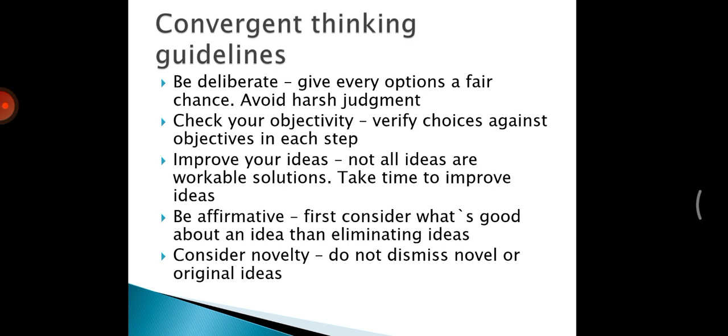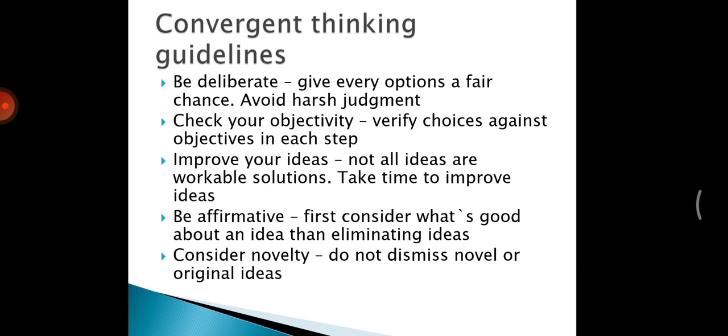Improve your ideas: not all ideas are workable solutions, so take time to improve ideas. Be affirmative: first consider what is good about an idea, then eliminate others. Consider novelty: do not dismiss novel or original ideas.